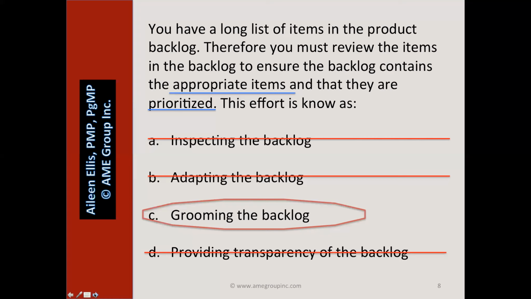My list could go on and on. Grooming the backlog is the best answer. When I look at answer A, B, and D, those words sound very familiar to me. Inspections, adaptations, transparency. I associate those words with Scrum.